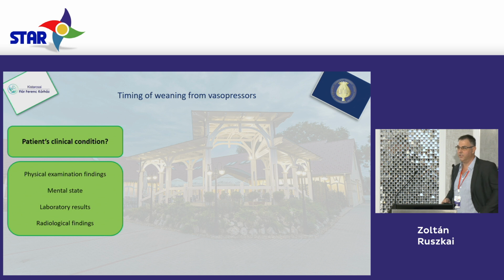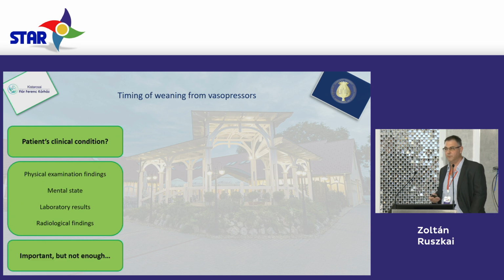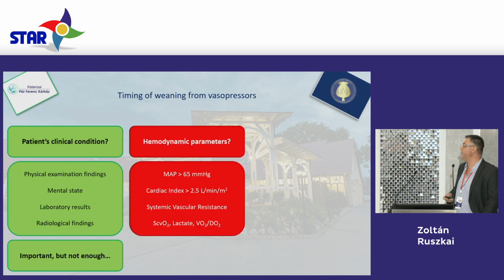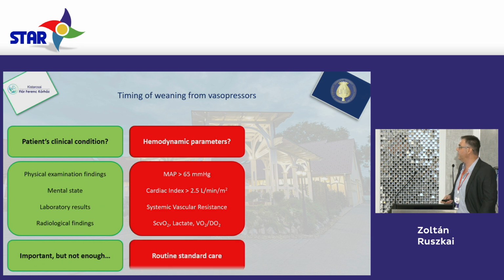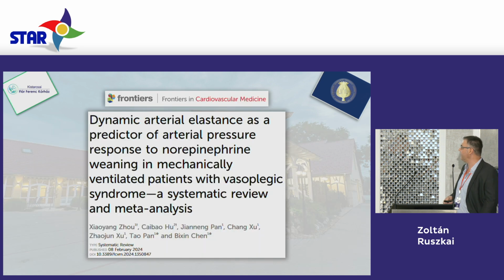The patient's clinical condition, that's what we do every day. We examine the patients, we examine mental state, laboratory results, radiological findings. These are important, but I think not enough. We can choose hemodynamic parameters. That's part of the routine standard care, and a novel one is the dynamic arterial elastance, which defines the changes in the arterial pulse pressure caused by the changes in the left ventricular stroke volume, and it's a good predictor of hypertension.